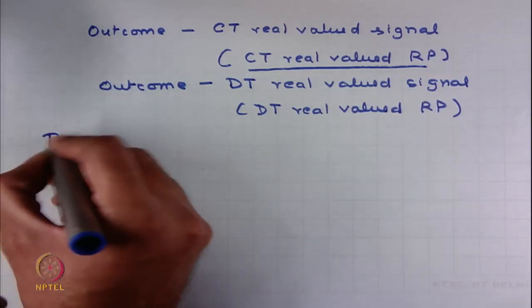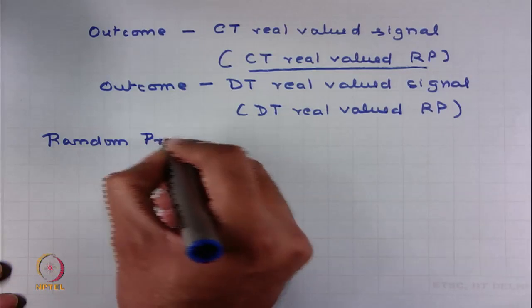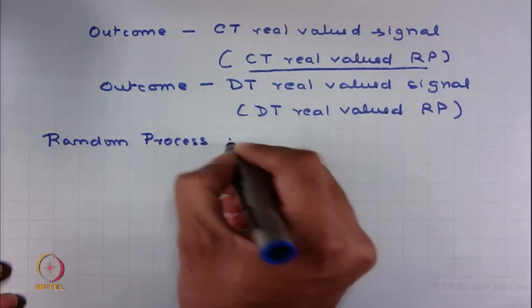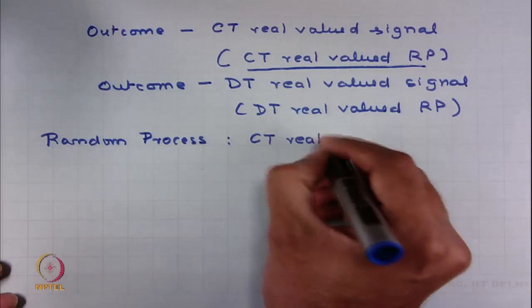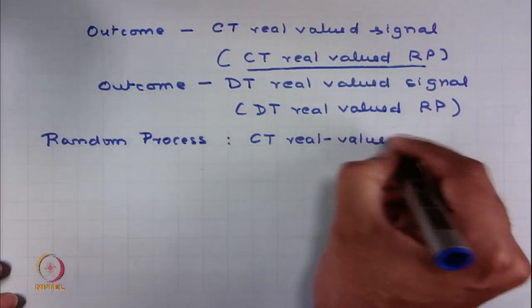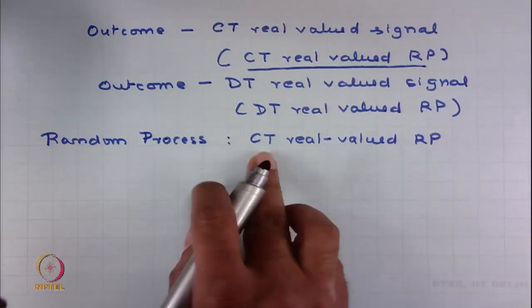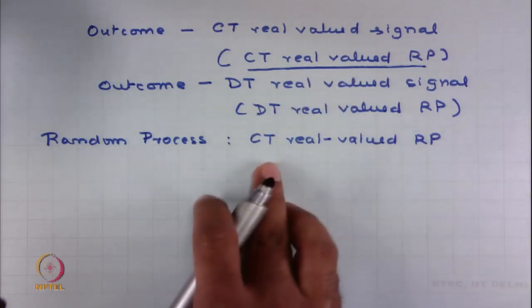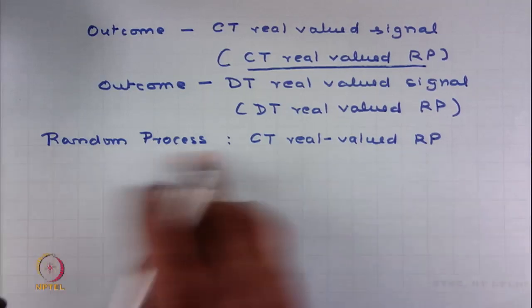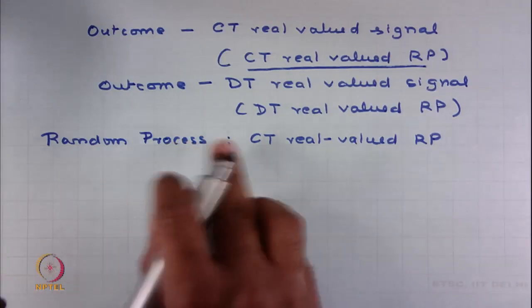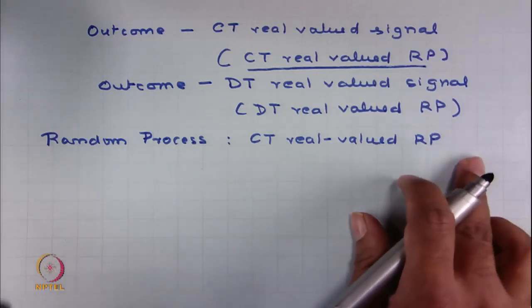So, when I say random process, in the back of your head you should think of it as a CT real valued random process. If there are other special instances of other kinds of random processes, I will explicitly mention it.